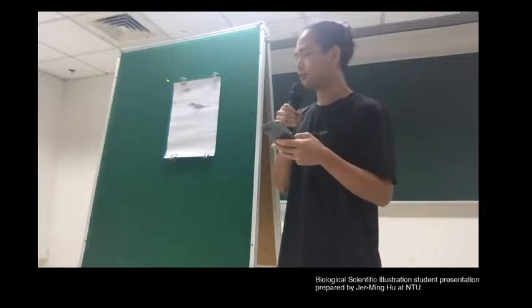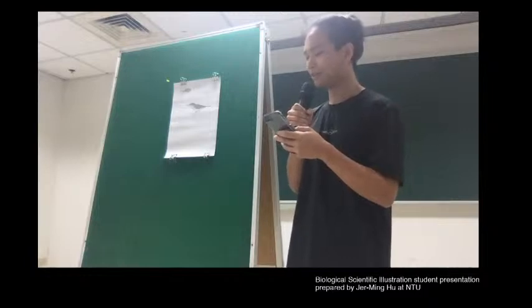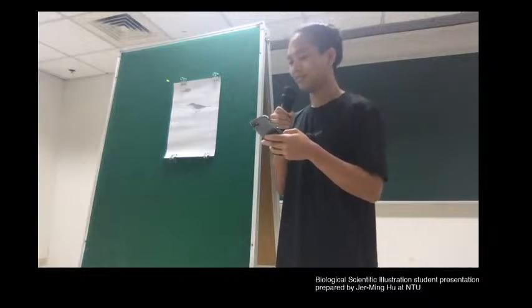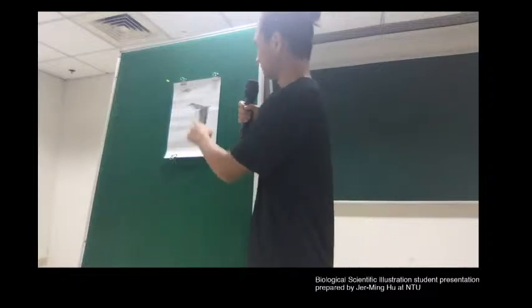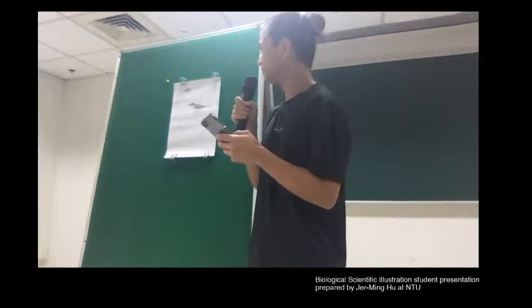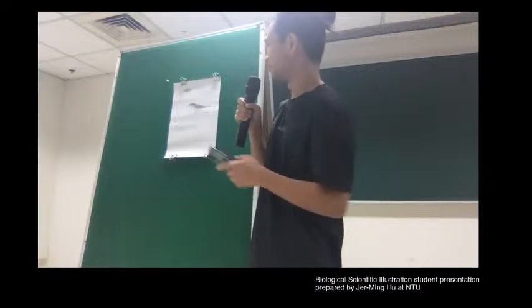But for me, it's also important to look at the shape and the length of each part of the bird. For example, this Arctic warbler has a rather long bill, and its head is proportionally smaller, and the whole body is very thin and long.